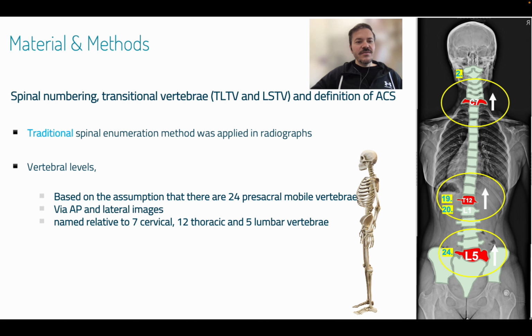What was that? All vertebral levels based on the assumption that there are 24 presacral mobile vertebra. Looking at the AP and lateral images of the spinal column, we name them relative to 7 cervical, 12 thoracic, and 5 lumbar vertebra. I mean, if the patient has only 12 pairs of costa, we said that the 12th is without costa. It was the 19th vertebra.